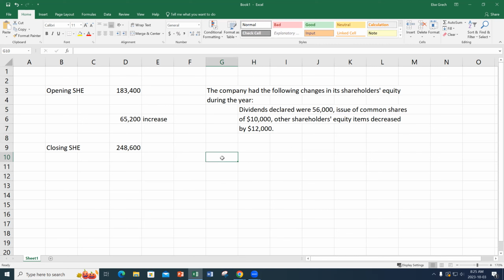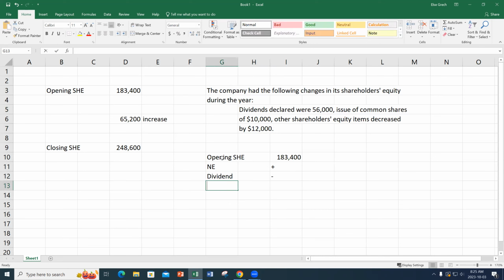What we need to understand is when we look at the opening shareholders equity being 183,400, there's only a few things that can change shareholders equity, and we know what they are. There's net income, which is going to be a positive. There is dividends, which is going to be a negative.